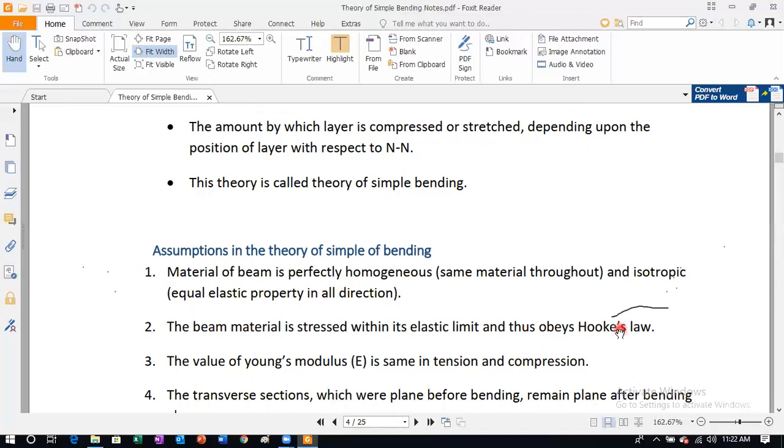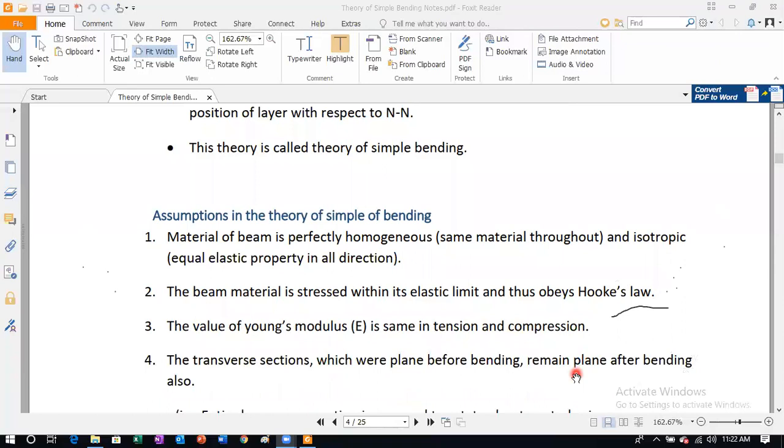The value of Young's modulus E is the same in tension and compression. The transverse sections, which were plane before bending, remain plane after bending. That is our most important assumption of the theory of simple bending.